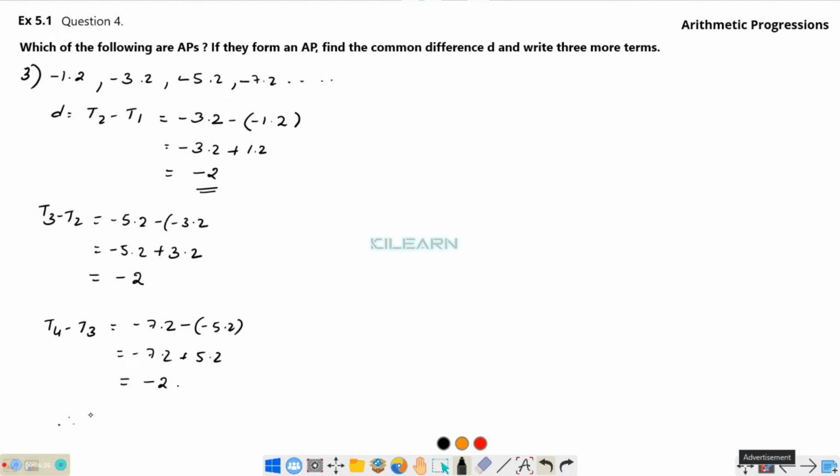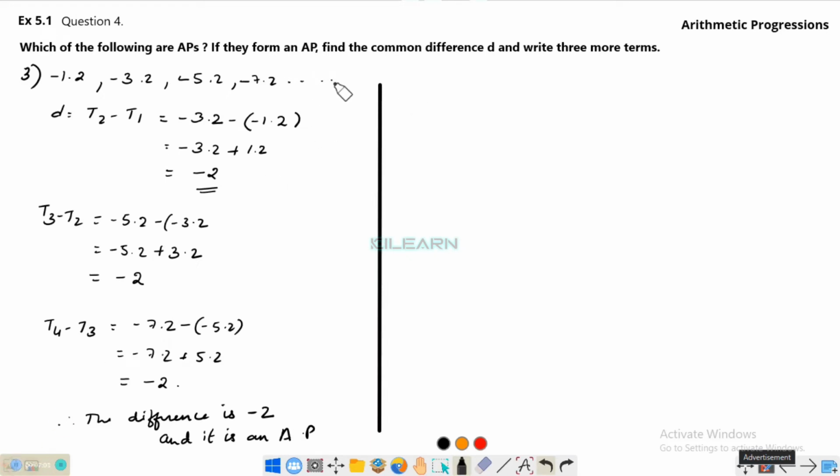So therefore, the difference is minus 2 and it is an AP, because the difference is the same. Now we find the next 3 terms.